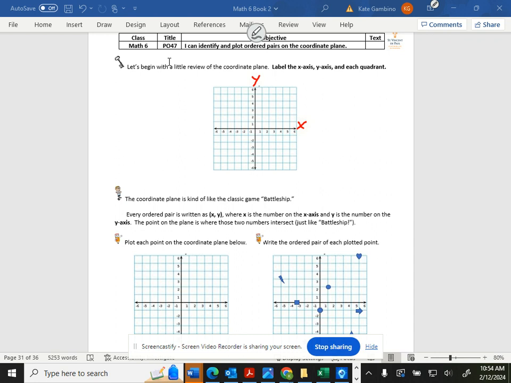Now it says label each quadrant. How many quadrants do we have? Cameron? 4. We can see the 4 different sides. We can see on our x and the y that 0 is right in the middle. The 1s, 2s, 3s, 4s go out from the 0.